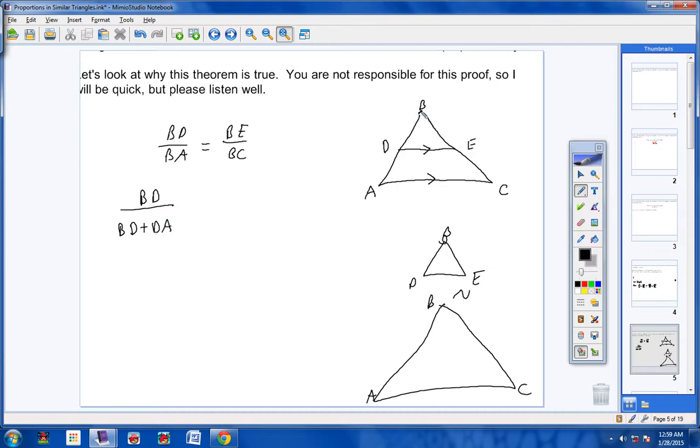Because BA, this whole side here is really BD plus DA. And see this BC right here? Here's BC right here, right? Well, that whole side BC is really BE plus EC. So I can put BE plus BC, okay? And of course, it would be BE up top here.